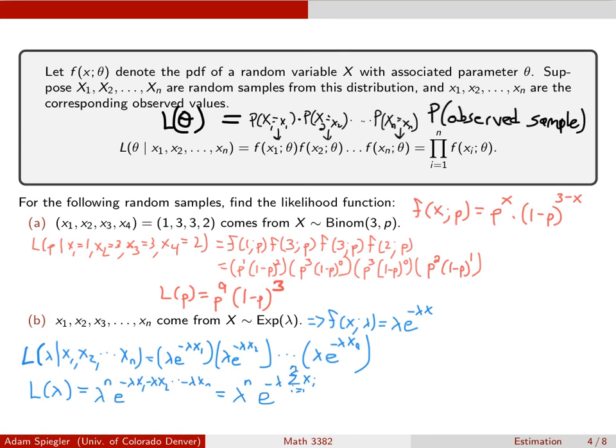So I could factor out a lambda from each of those terms and just write this as minus lambda times the sum of the xi's. So there is a general form for the likelihood function for this exponential distribution.